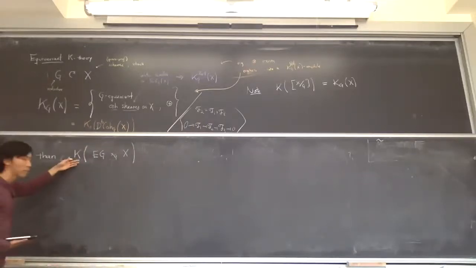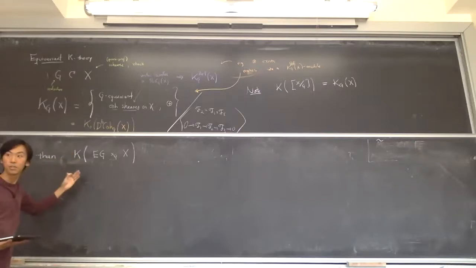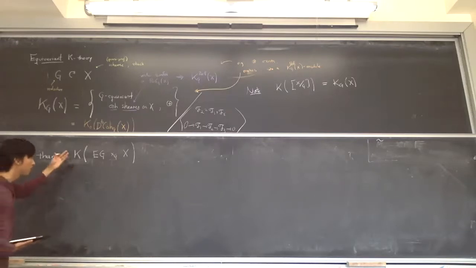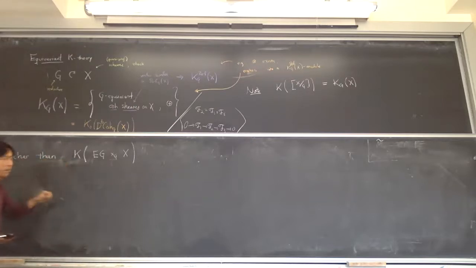And if you replace this K here with H upper star, this is literally the definition of G-equivariant cohomology. And so of course you can equally well think about this group. And I want to stress at this point that this version of equivariant K-theory is somehow not genuinely equivariant.